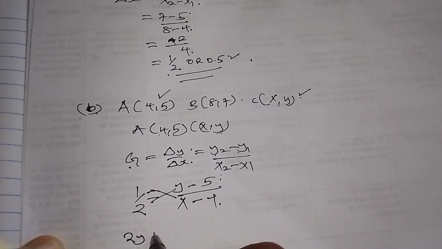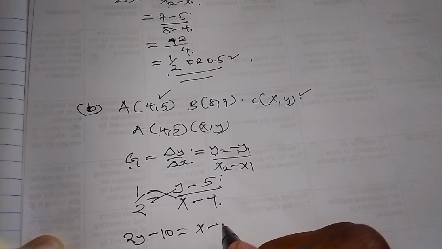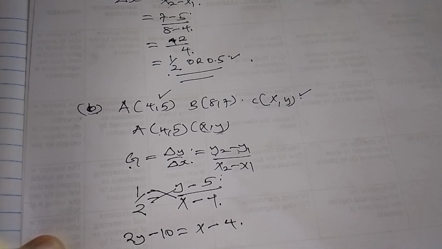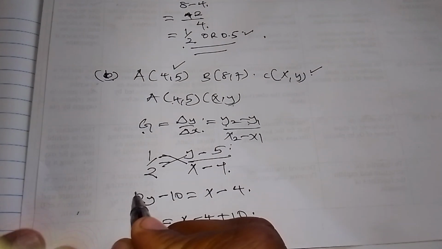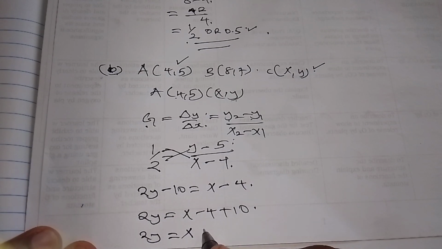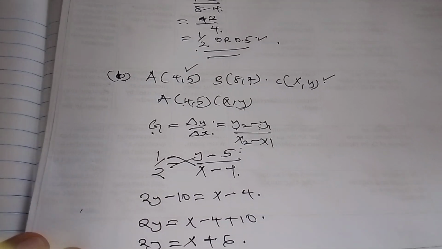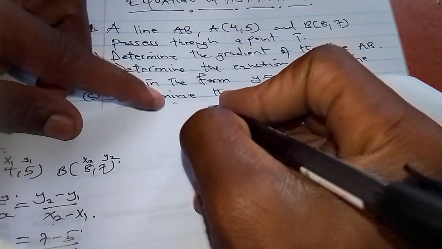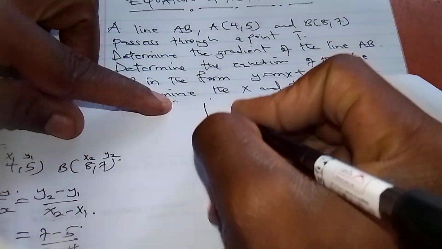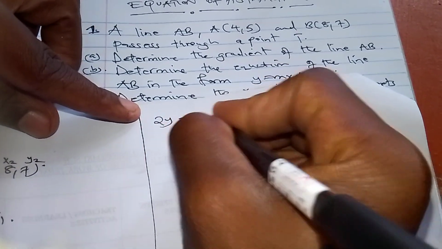2y minus 10 is equal to x minus 4. So 2y is equal to x minus 4 plus 10. 2y is equal to x plus 6.